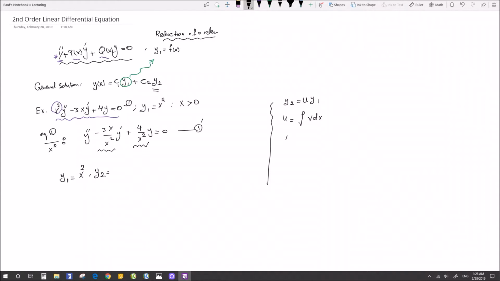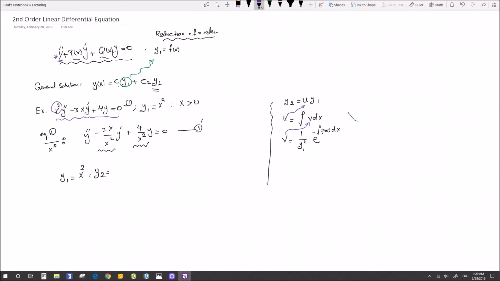Now stay with me. v equals 1 over y1 squared, remember y1 is a given, multiplied by e to the power of minus the integration of p of x dx. So you found your v, you plug it back into u, you found your u, you plug it back into y2.